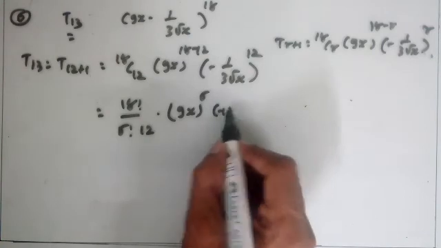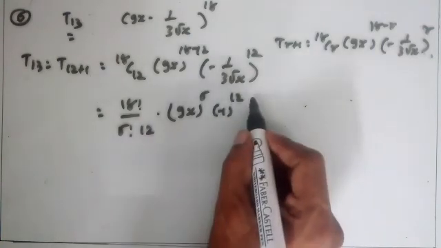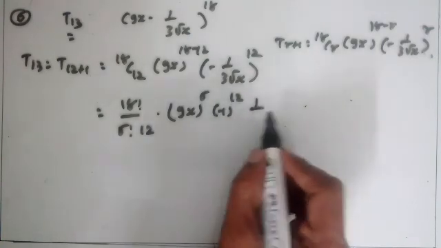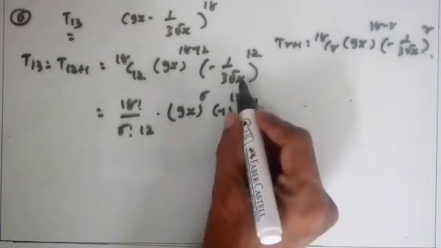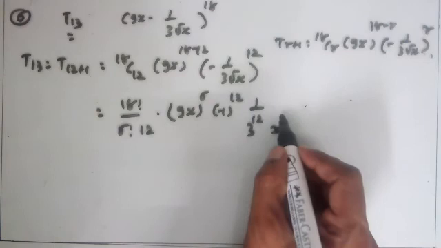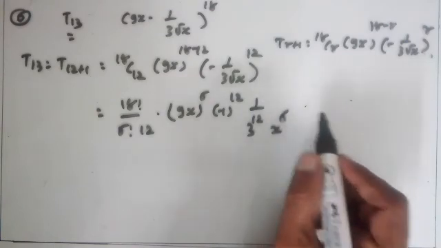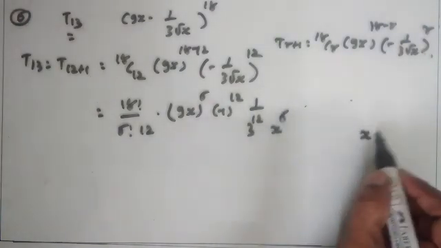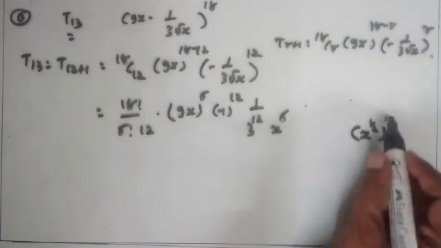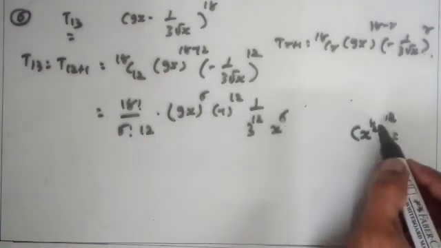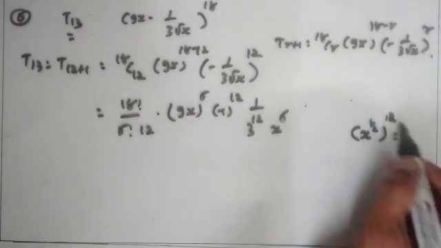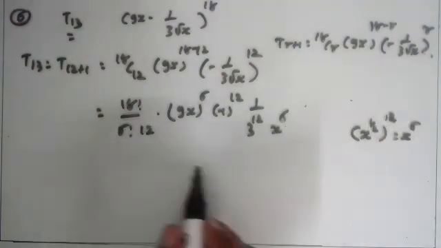Here minus 1 raised to 12, and 1 upon 3 raised to 12, x raised to 1 by 2 raised to 12, that is x raised to 6. Clear? You know that x raised to 1 by 2 raised to 12 is power of power. Then we take multiplication of the powers, 1 by 2 into 12, that is x raised to 6.